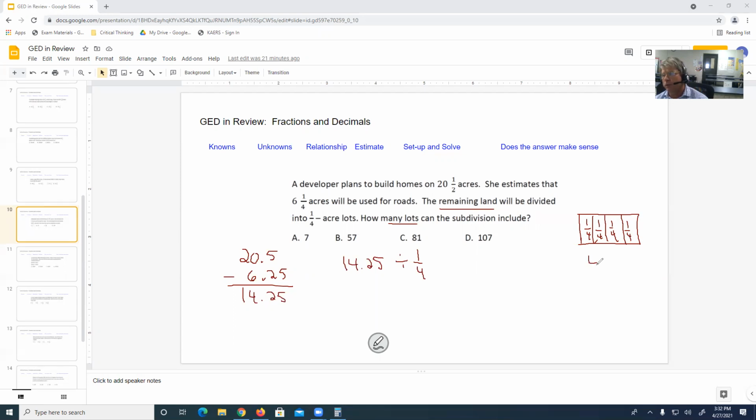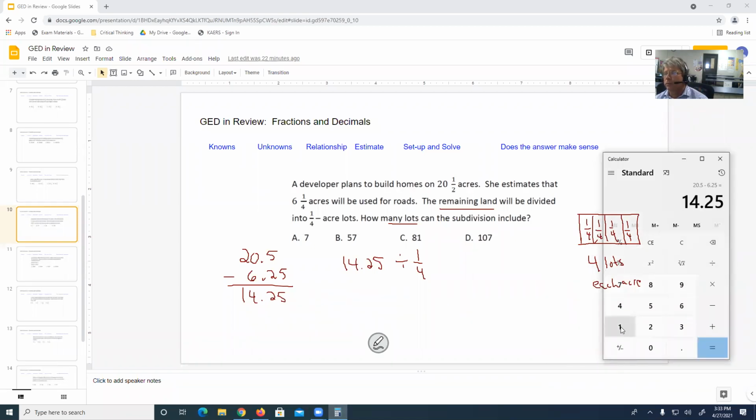So what this also tells me is there really are 4 lots I'm going to build on each acre if I'm using some math reasoning. So using estimation, I've got 14 and then some more. All I've got to do is multiply 14 times 4, and that's going to give me an estimation. So 14 times 4 is getting me around 56.